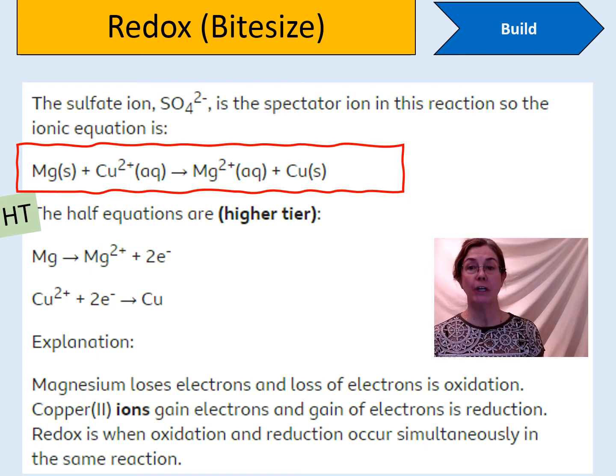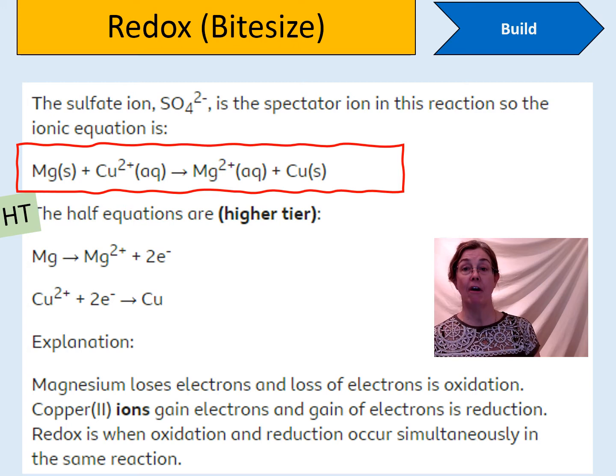So the half equations for these: if I just take out the magnesium part, I can see that the magnesium becomes magnesium 2+ ions, and to do that it needs to lose 2 electrons. Magnesium's in group 2, so it has 2 electrons in its outside shell, and it will lose 2 electrons. Copper, we know from previous equations, copper 2+ ions gain 2 electrons to give us copper metal.